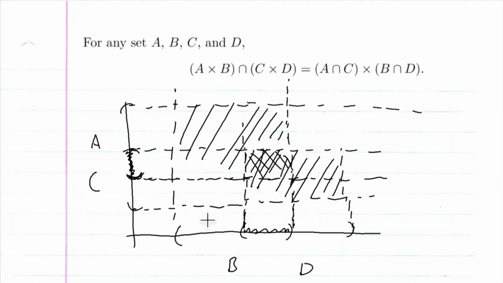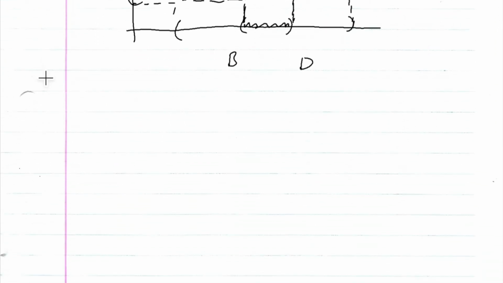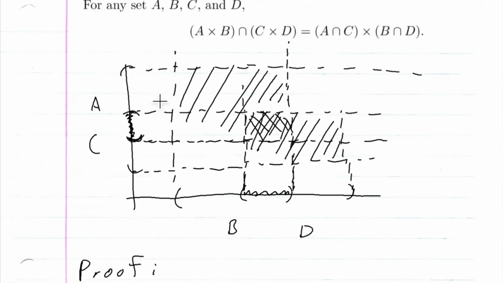So at least we can see visually that (A cross B) intersection (C cross D) is equal to (A intersection C) cross (B intersection D). So now let's prove it analytically. So we're going to look at this piece here.